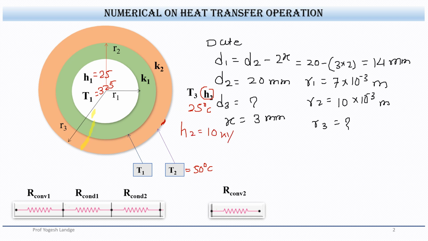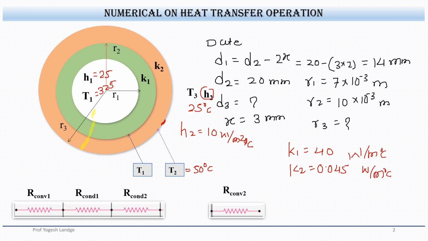It is in watt per meter square per degree Celsius. We also have K1, the conductivity of the metal, which is 40, and the conductivity of the insulating material, which is 0.045. This is in watt per meter degree Celsius.